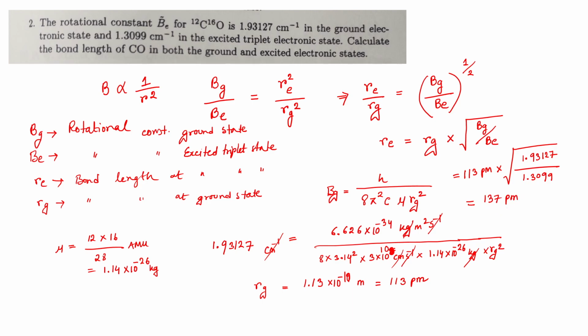So see, your excited state bond length is greater than the ground state bond length.